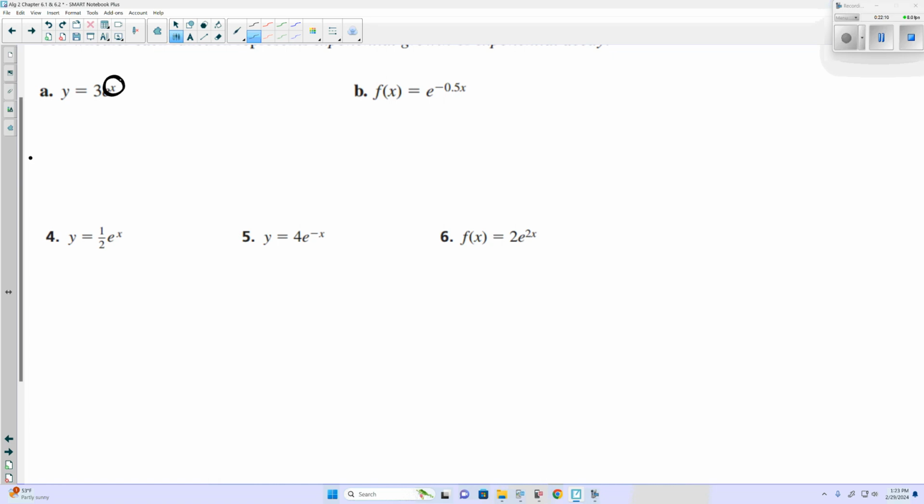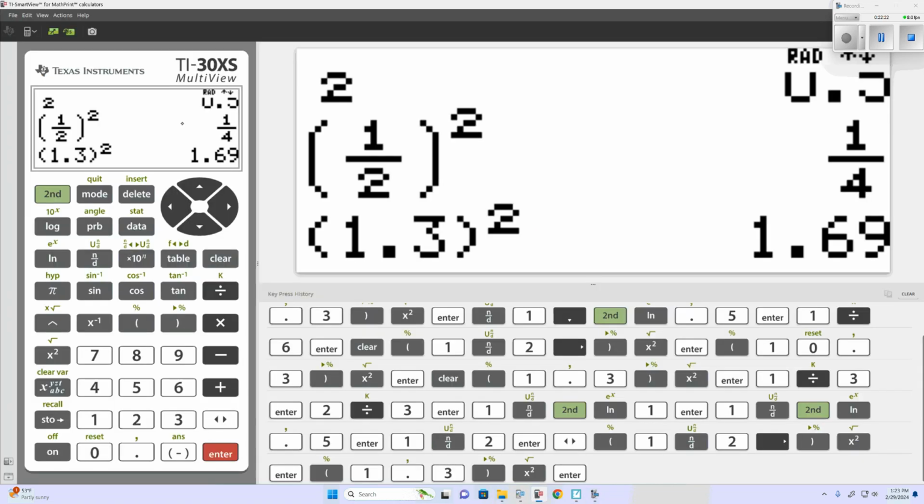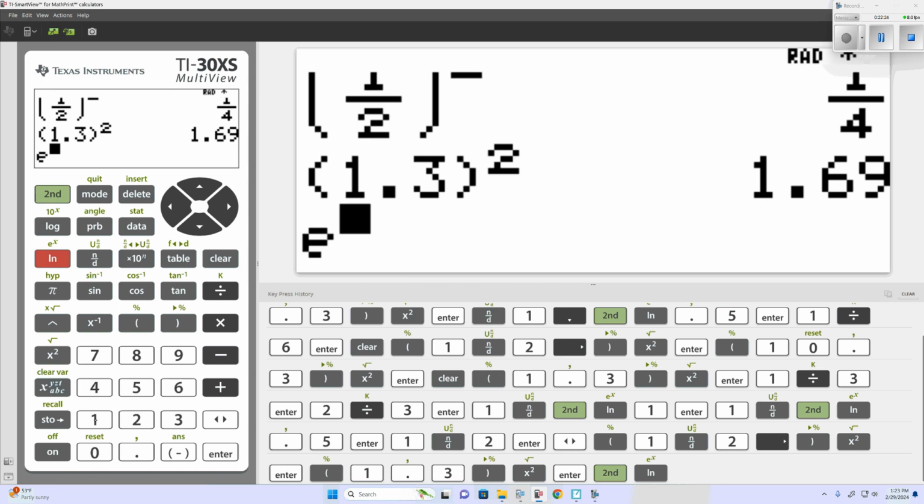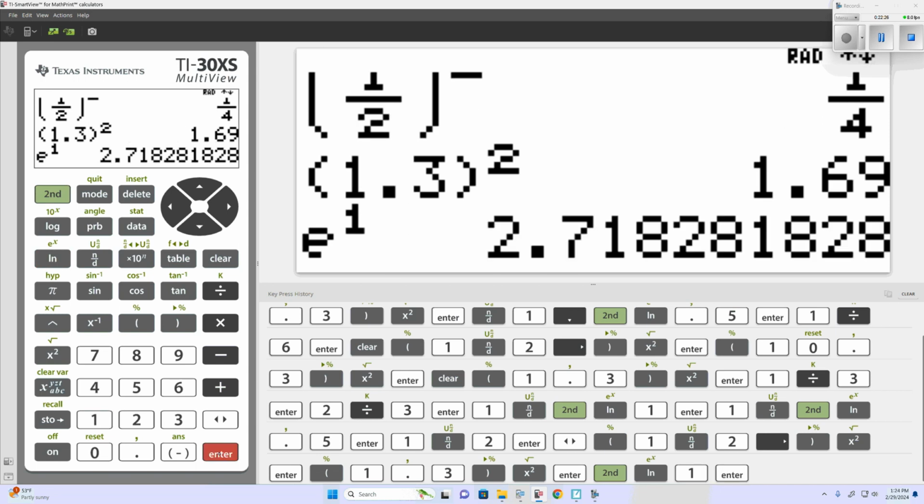So it has to be growth. Because e, as we said already, is 2 point something, that number is greater than 1, yes? So it is growth.